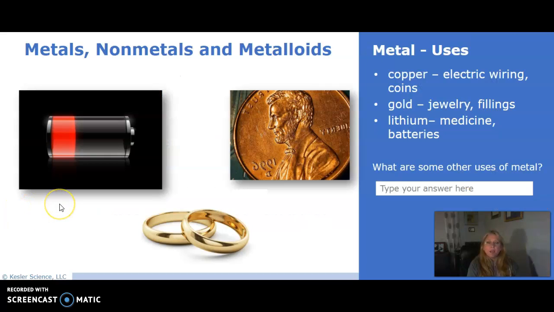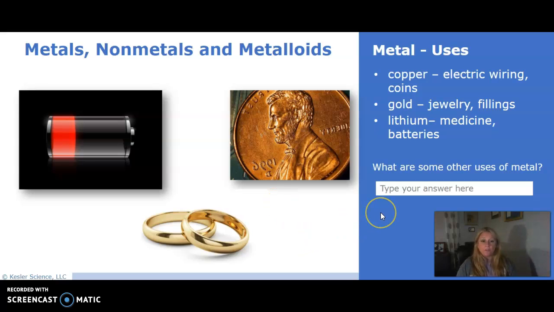So on this next slide, we're talking about metal uses, and you can see the examples here. Copper is good for wiring and coins. Gold can be very easily manipulated into jewelry or even dental fillings. Lithium is an element that is used both in medicines but also in batteries. You might notice the little round flat batteries, those are lithium batteries.